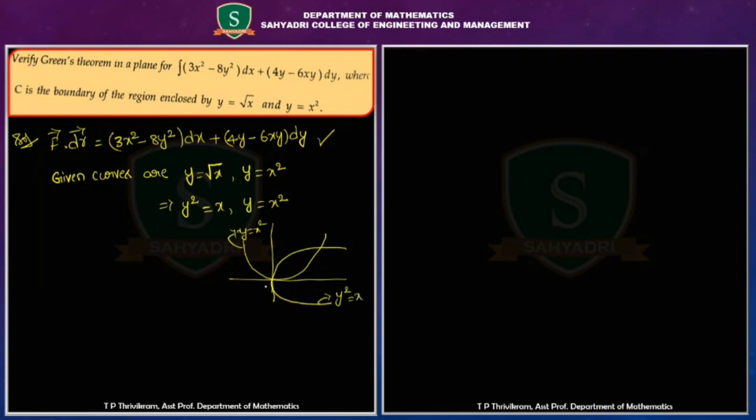If I take this point as origin O and this as intersection point A, we need to find what this point is. How do we get this intersection point? I'll find the intersection point of the above curves.